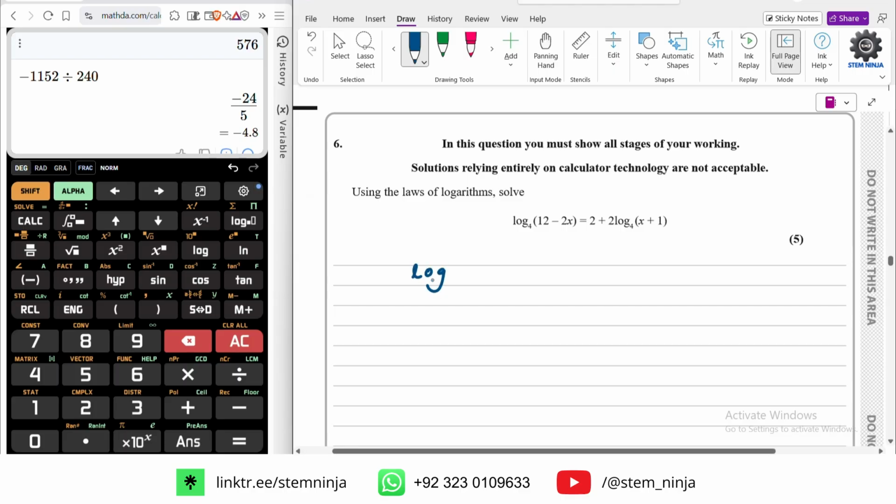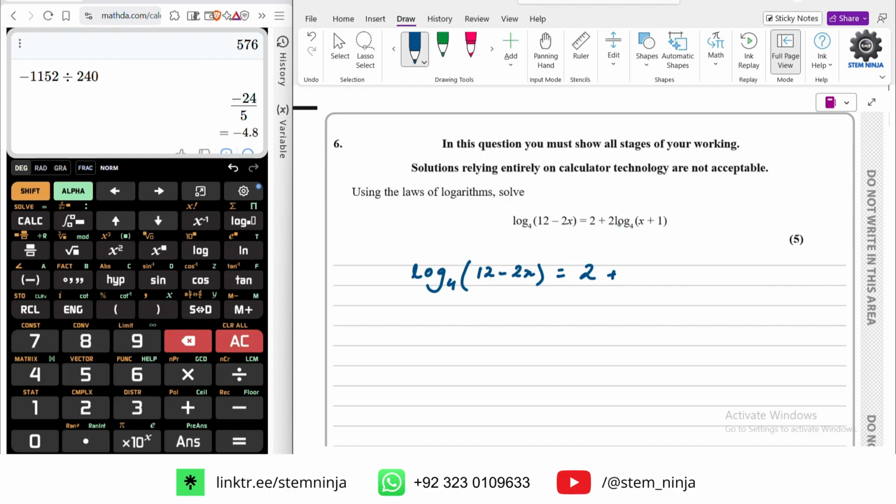So the 2 can go over here as a power: log base 4 of (x plus 1) squared. We bring the terms on one side, so log base 4 of (12 minus 2x) minus log base 4 of (x plus 1) whole squared is equal to 2.